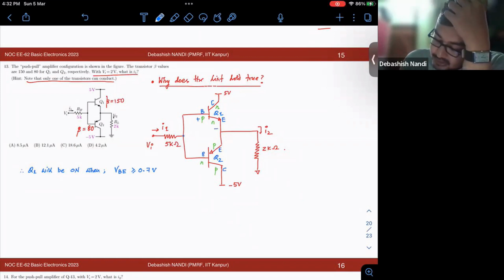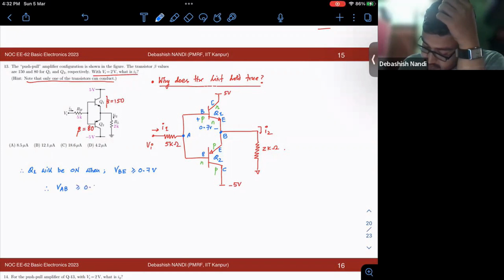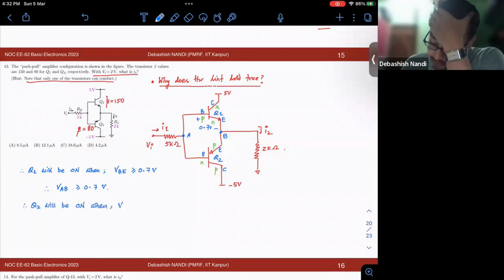This voltage, say this is A, and let's say this is B. VBE is 0.7 volt. That means VAB should be greater than or equal to 0.7 volt. Similarly, Q2 will be on when VEB of Q2 is greater than or equal to 0.7 volt.